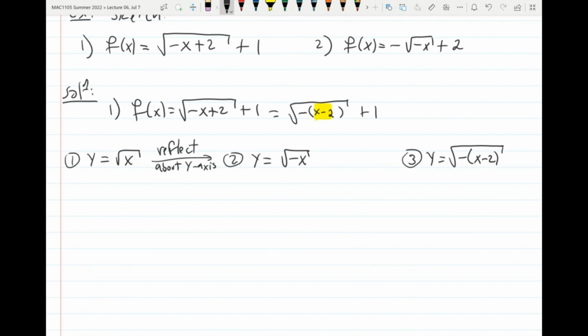It's just that we write it like that to make it clear what transformation is taking place. So what's happening from 2 to 3? We are going right 2 units. And then lastly, what do we need to do to this formula to obtain our formula? Let's do a plus 1.